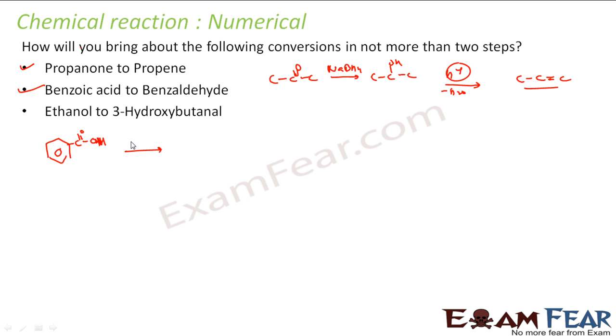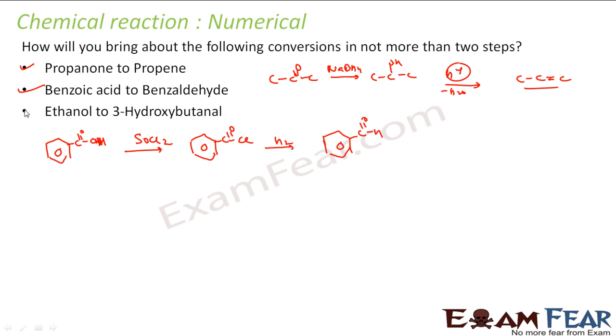So I can react this with PCl5, PCl3 or SOCl2, any of these. I get COCl, right? And to this I'll add hydrogen. Cl will be replaced with hydrogen, and what I get is benzaldehyde. Or I can do a reduction also, a controlled reduction.